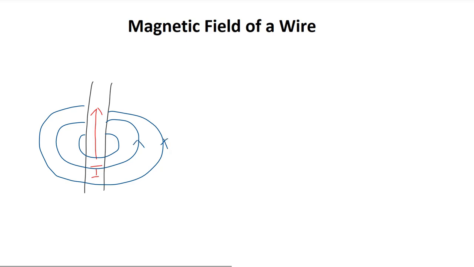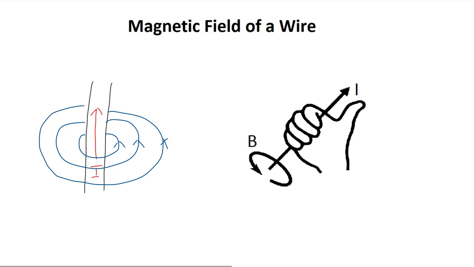Here also we see that the magnetic field lines have a direction counterclockwise around a wire. This is purely due to the direction of the current. If the current was instead going down the wire, the magnetic field line direction would instead be clockwise. Determining this direction can be done simply by using what is known as the right-hand grip rule. To see this, take your right hand and give yourself a thumbs up.